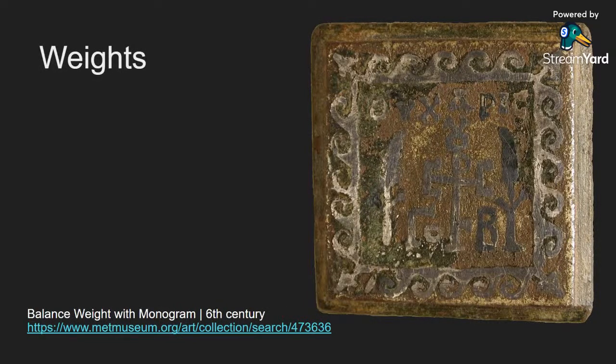A very interesting balance weight with a nice monogram and a very nice image on it. And once again, we always go back to the holy trinity of image, text, and object. This very profound relationship between these three parts on text-bearing objects is fundamental.